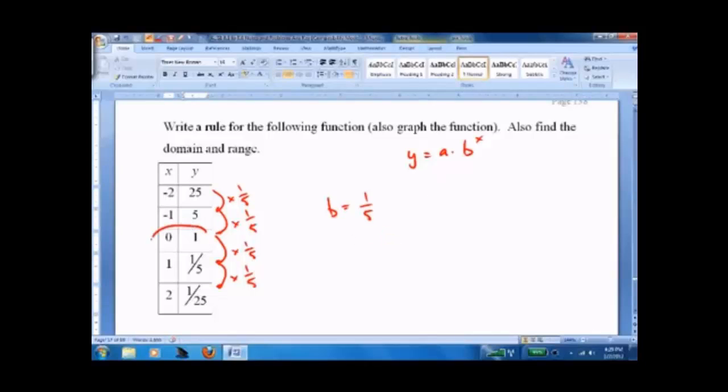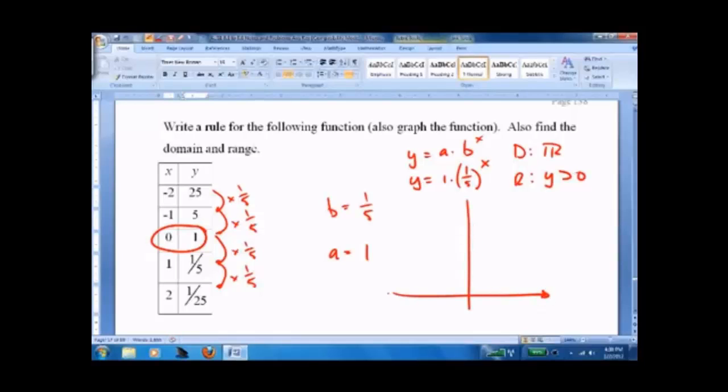And then to find the A value, we go here. Whatever y value we get when x equals 0, that's the A value, so A equals 1. So we get y equals 1 times 1/5 to the x. Domain, as we know, is all reals. And range, y keeps getting smaller and smaller, but never 0. Y is greater than 0.